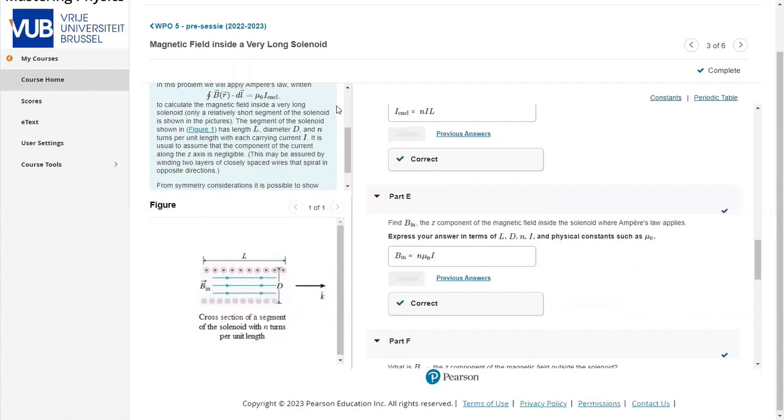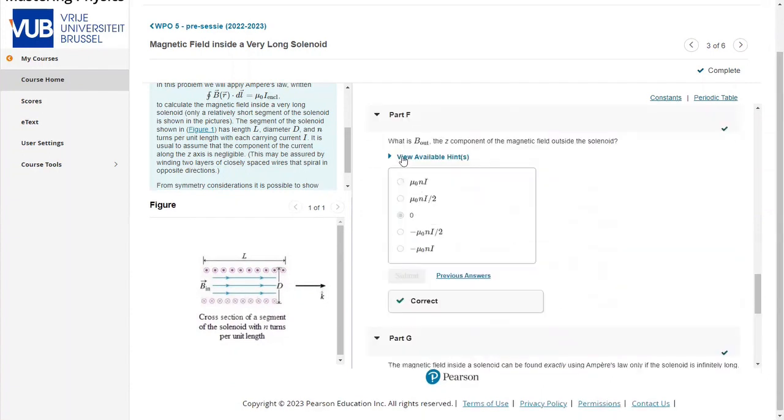And what you have to know is that n is what we call the number of turns per unit length. It means n is equal to N over L. So the number of turns and the length, that's one.